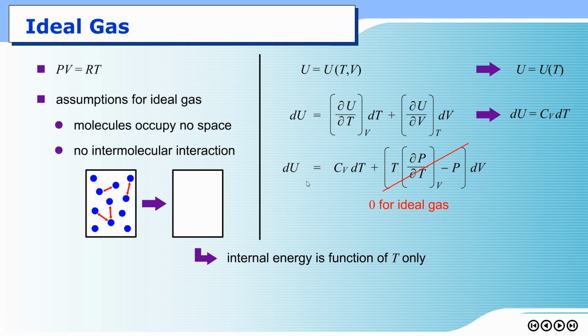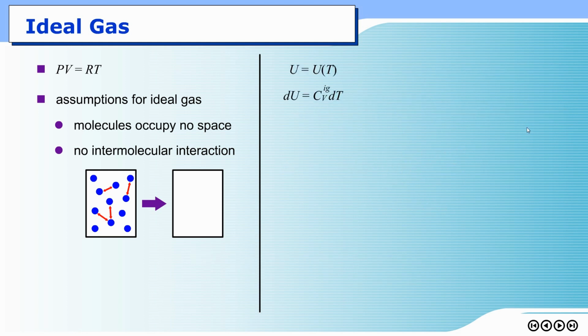So it doesn't matter whether you write it from the generic equation or using the ideal gas assumption, you end up in a similar manner. But to be clear, in this case, I like to put superscript ig here to identify that this heat capacity is a heat capacity at the state of ideal gas.